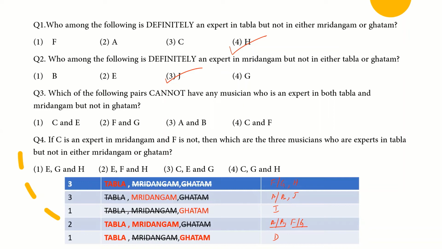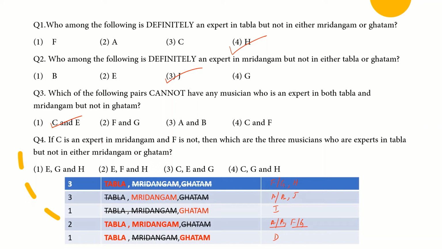So any option pair that does not have any of these four musicians would definitely be your answer. Now here we have C and E. And look, tabla and mridangam both is being played by only two people. So it can be a pair like AF, we can have a pair like AG, or we can have BF or BG. Okay, so C and E will definitely not be the pair of musicians who are experts in both tabla and mridangam. Fine.